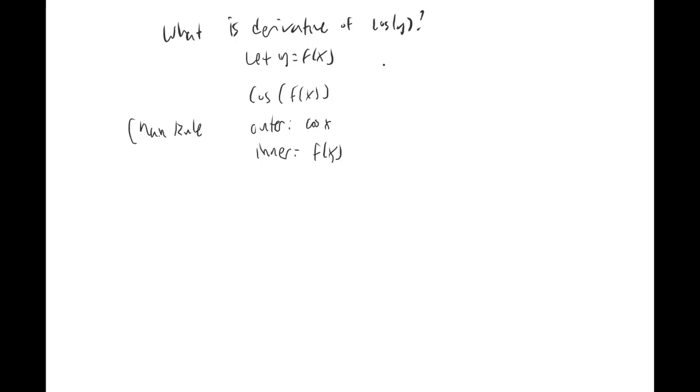The derivative of cosine is negative sine, and I plug in the inner times the derivative of the inner. I'm not going to write out all the chain rule steps. On Tuesday I did, so I might go a little faster for chain rule this time, because hopefully you all know how to do chain rule by now. So you see that this is just negative sine of y, and then we call this y prime.